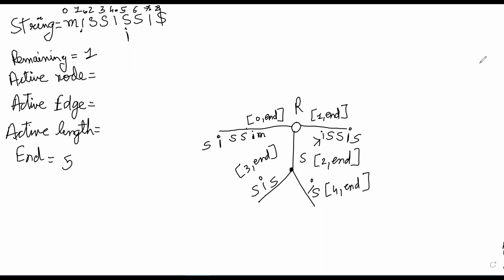Now our pointer is pointing to I, so we can update our 3 pointers: active node is root node, active edge is 1, and active length is 1.